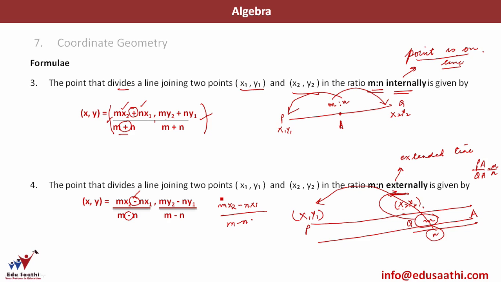That will be the x coordinate, and similarly you will be able to find the y coordinate as well. This is known as external division. That means the point is dividing the line externally, and the earlier formula is what you will use for an internal division, where the point lies on the line.